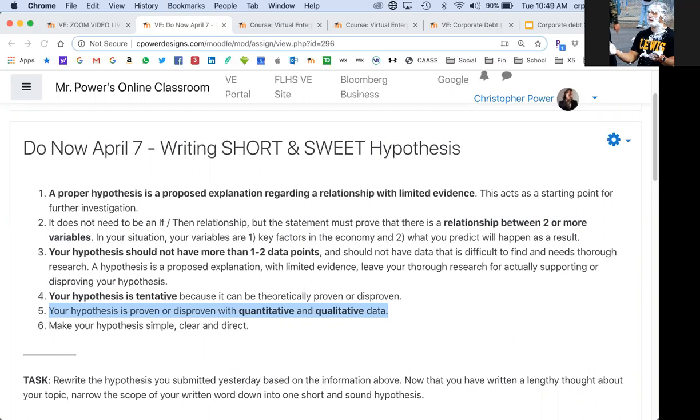Okay? So first, a proper hypothesis is a proposed explanation with limited evidence. It is a starting point.